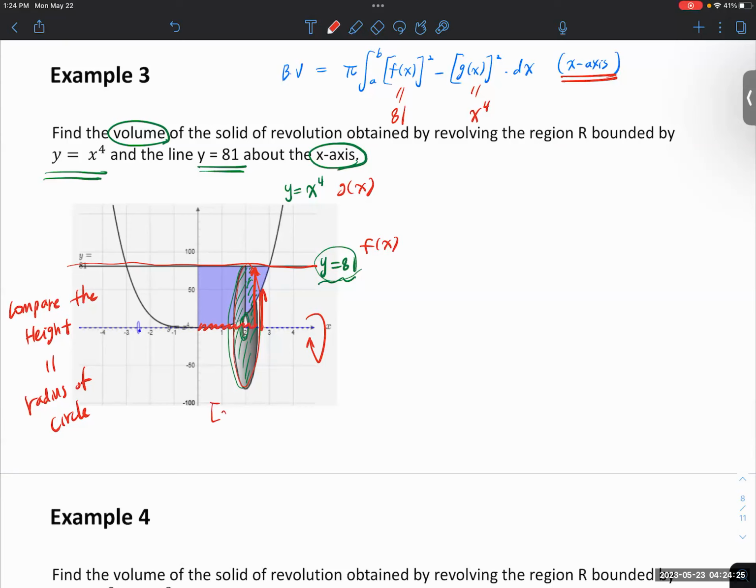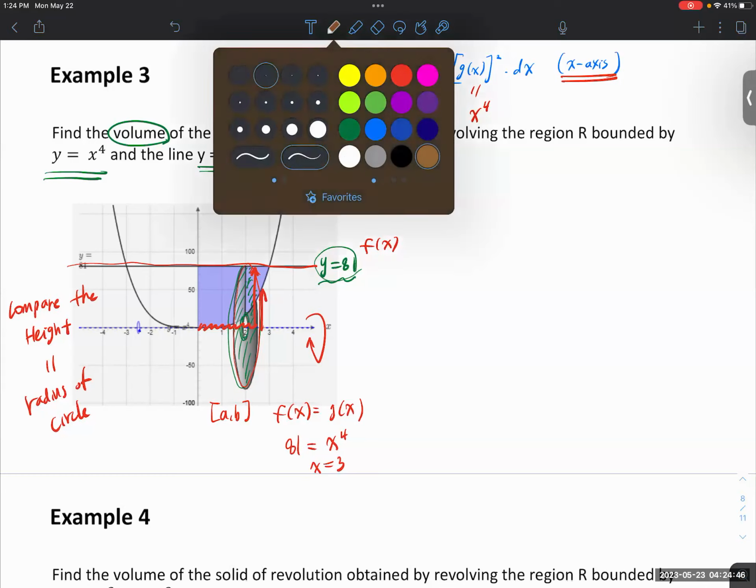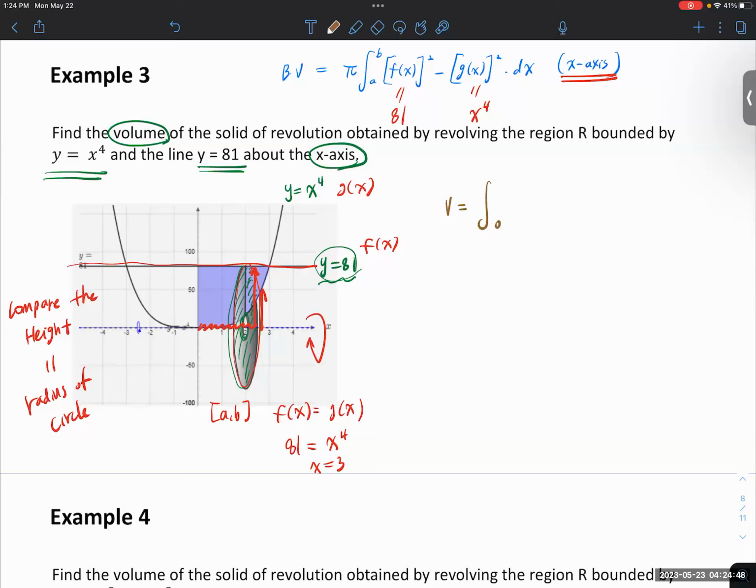To find a to b, we set f of x equal to g of x. So 81 equals x to the 4. If you solve it, x is going to be 3. So this is 0 to 3, and finally the volume is from 0 to 3.